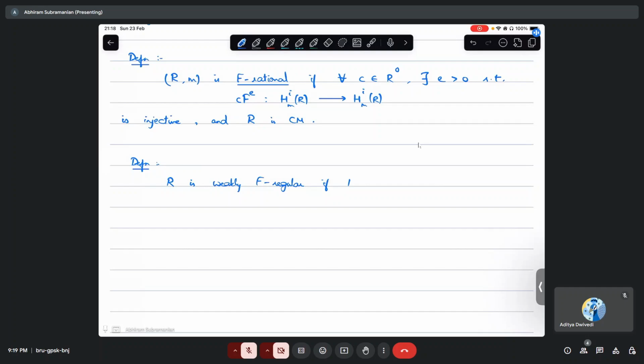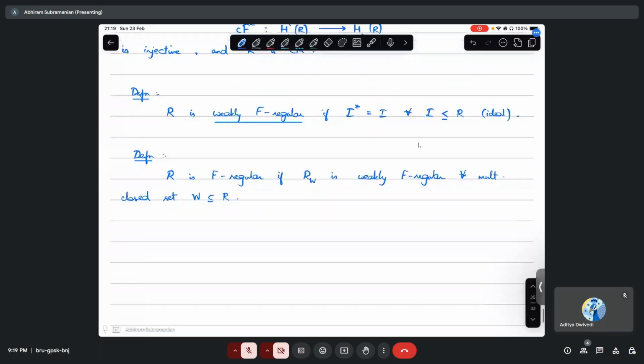R is F-pure if the Frobenius map R to F_* R is a pure morphism, that is, for all R-modules M, the map R tensor M to F_* R tensor M, tensoring over R, which is F tensor with identity, is injective.